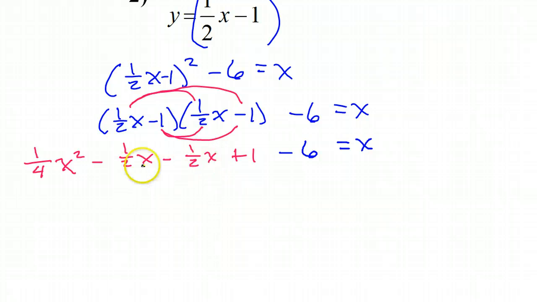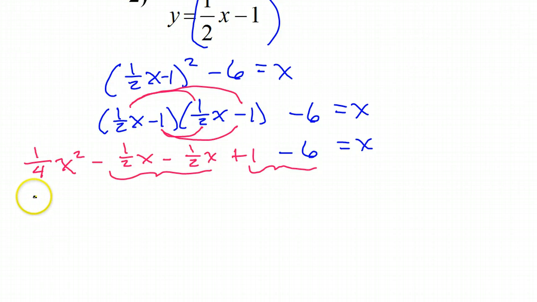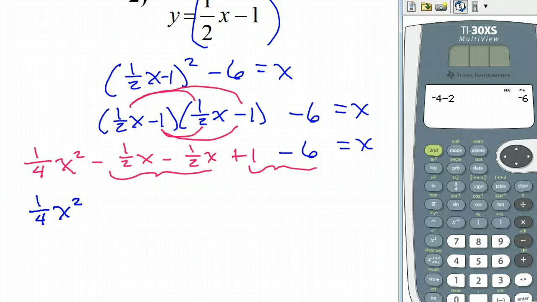Combining like terms right here, these can be put together, and while we're at it, these can be put together. So I will have 1/4 x squared. Now negative 1/2 minus 1/2. I know that this is negative 1, but if you have any trouble with that, use your calculator.